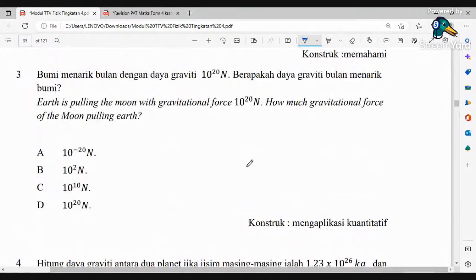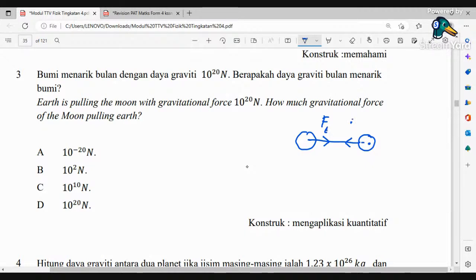Number 3. Earth is pulling the moon with gravitational force 10 to the power 20. How much is the gravitational force of the moon pulling Earth? As we know, two objects experience gravitational force and we call it attractive force.